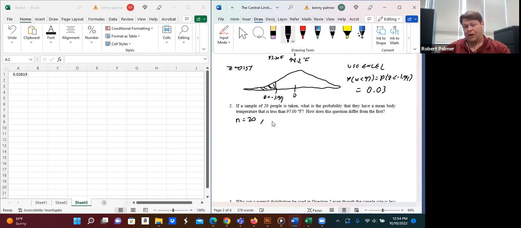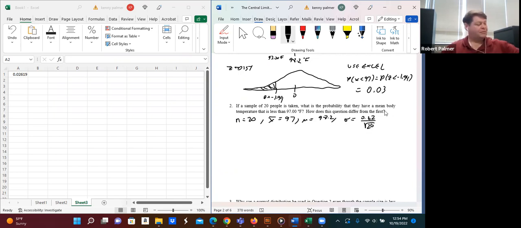So here my x bar is going to be 97, but my mu is still going to be the same, 98.2. But now my standard deviation is going to be different. It's going to be 0.62 divided by the square root of 20.